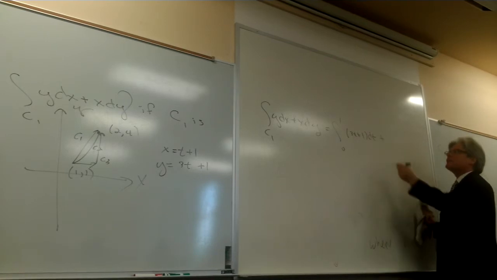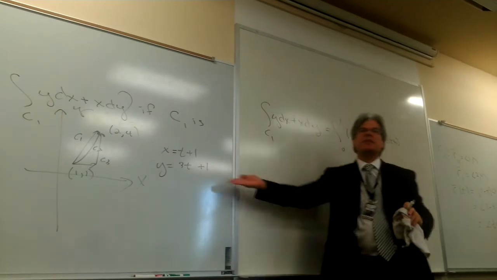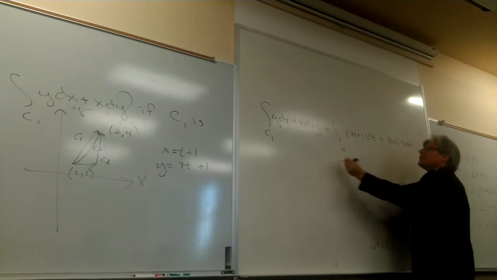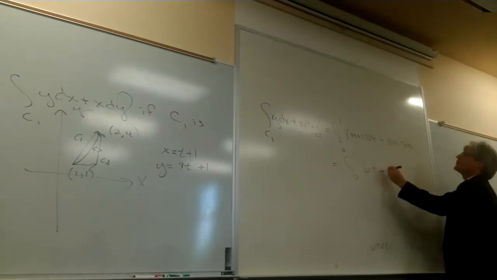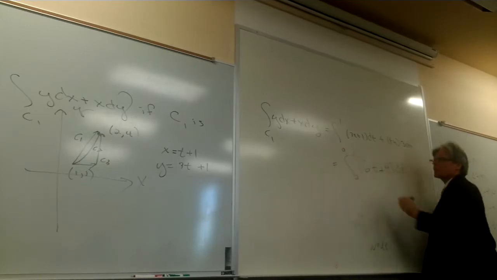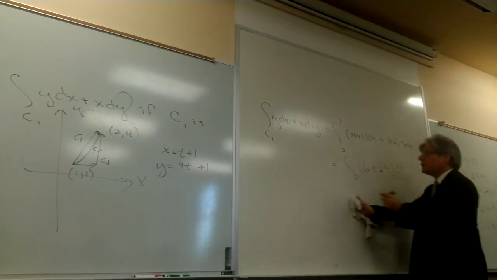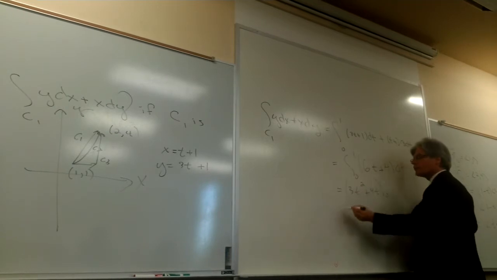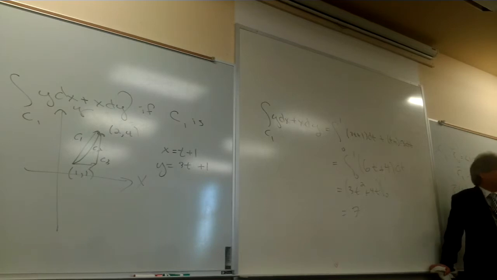Plus my x, which has another name of t plus 1, times my dy, but another name for dy in terms of dt is 3 dt. As a single integral, that's simply going to give me a 6t plus a 4. I'm just struggling with my arithmetic. That evaluates to 3t squared plus 4t as t ranges from 0 to 1. Or shall I just simply say, nice clean number, 7. That's the evaluation of my line integral.